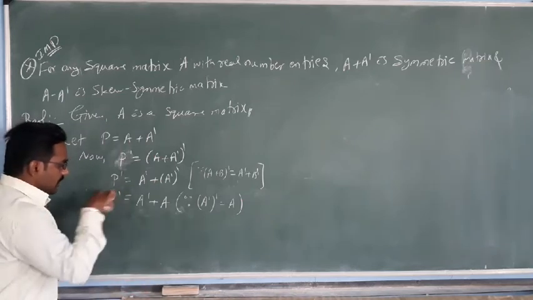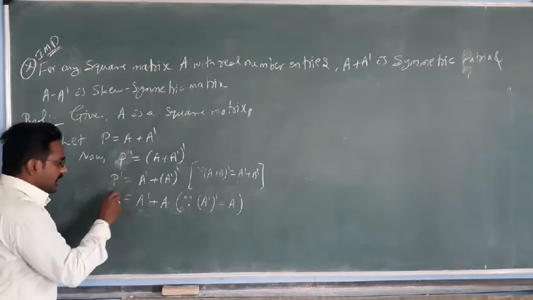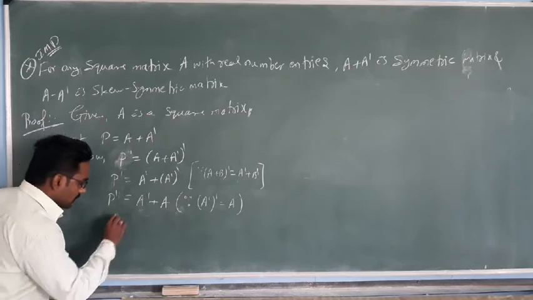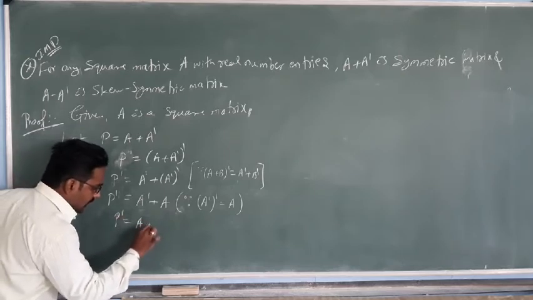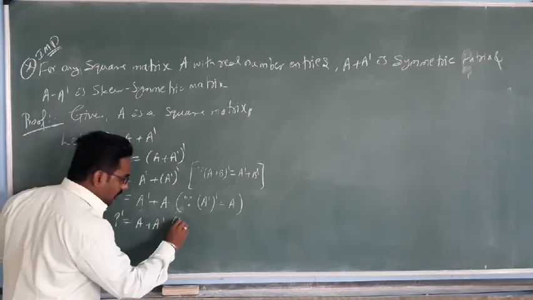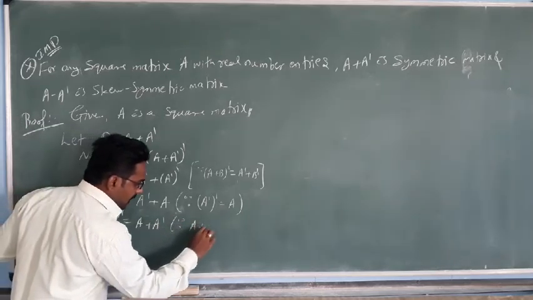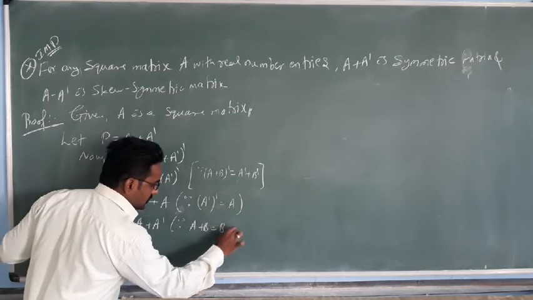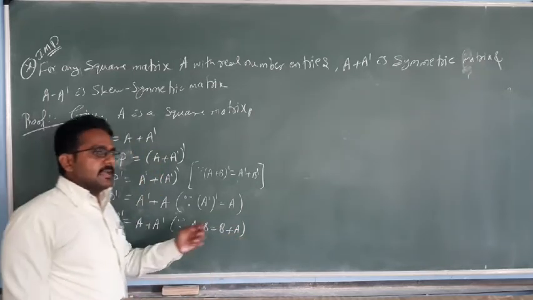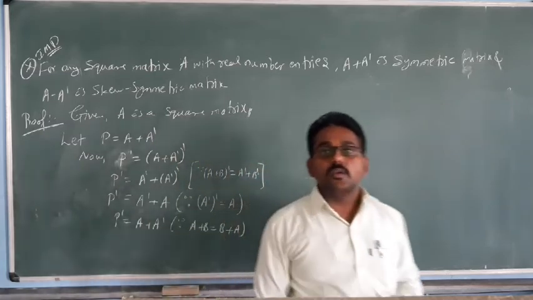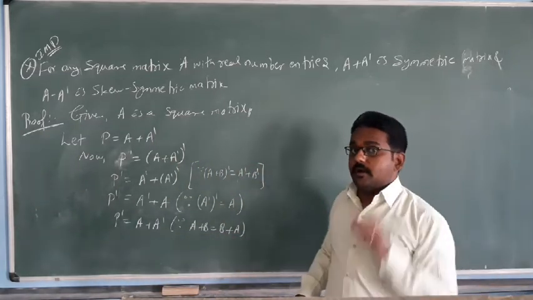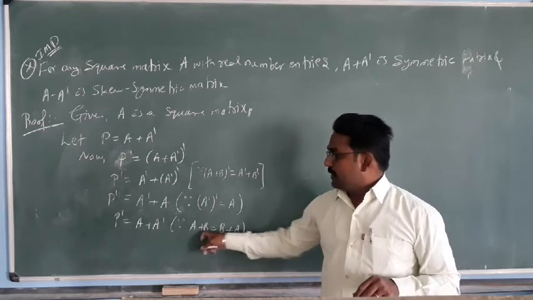So what we obtained here, students? P dash equals A dash plus A, or P dash equals A plus A dash. Why? Because A plus B equals B plus A. The addition of matrices of the same order follows the commutative law.